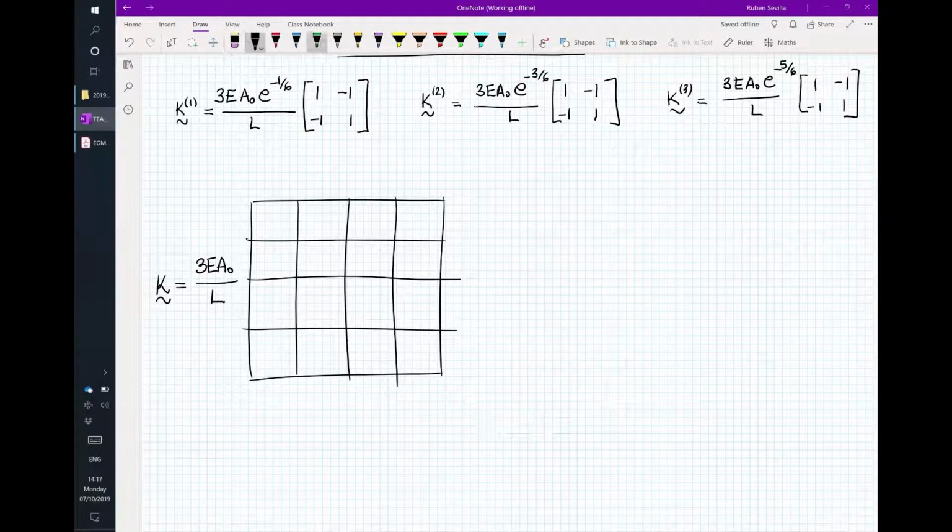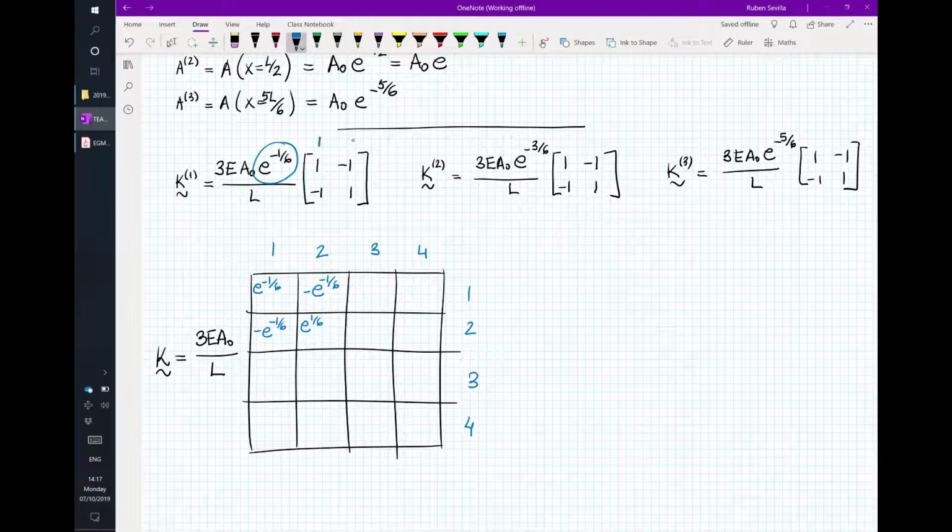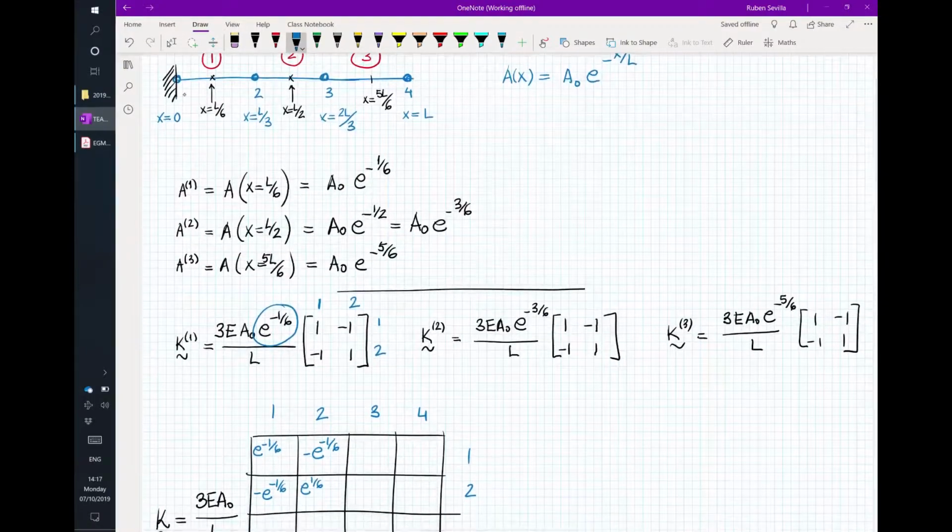The contribution from the first element is this 1 minus 1, multiplied by this guy here, and then 1 divided by 6 here. And this goes to the positions 1, 2, because these are the global nodes of element number 1. The global nodes of element number 1 are node 1 and node 2.